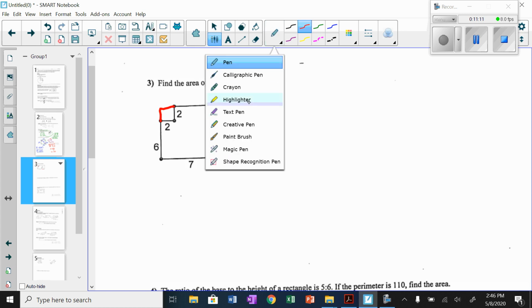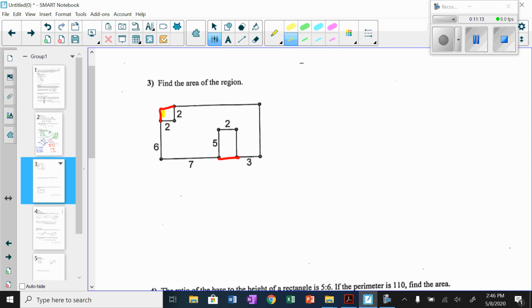And after I make that really big rectangle, I'm going to find the area, and then I will subtract out the area of these little quadrilaterals.